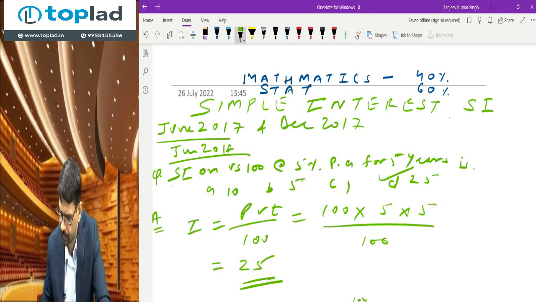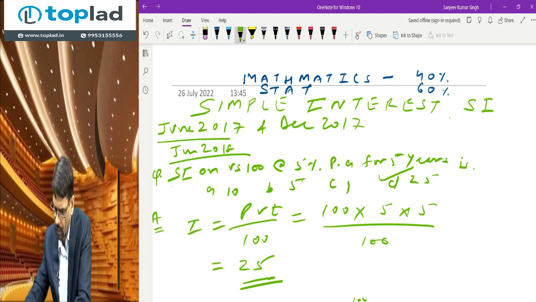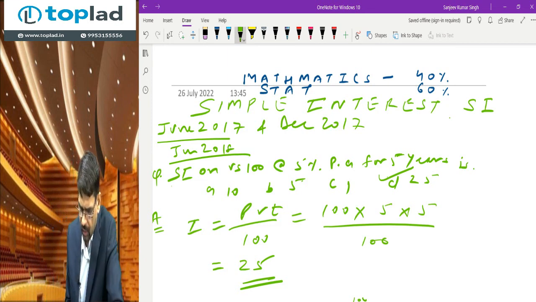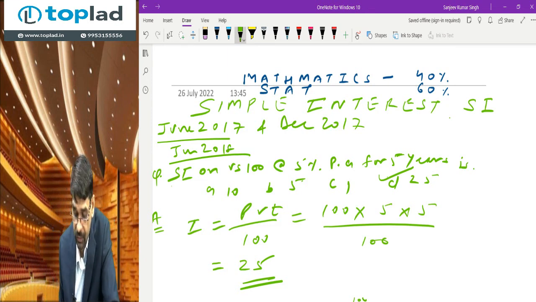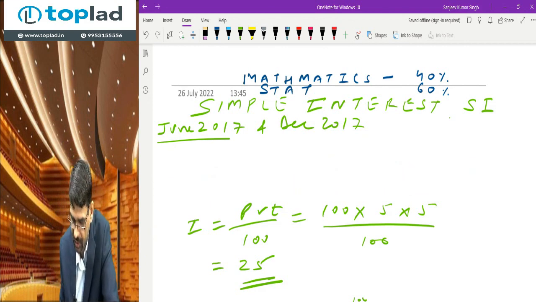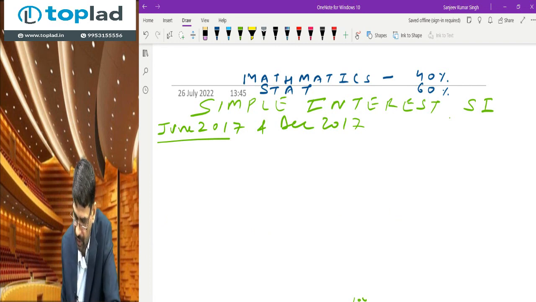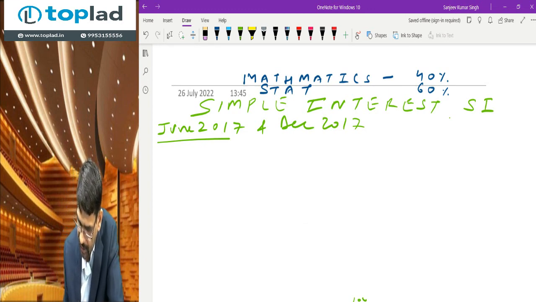So friends, this is the correct answer. And June 2019, see the question of June 2019. This is your examination question.